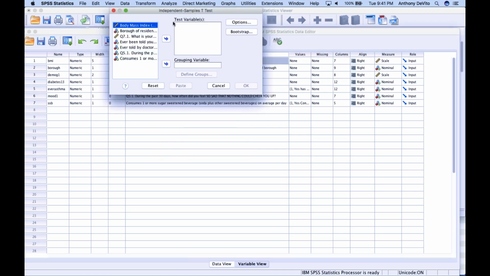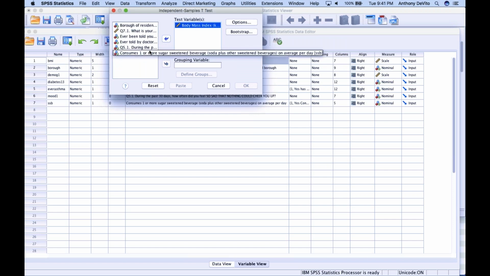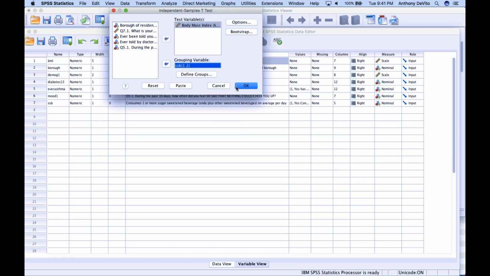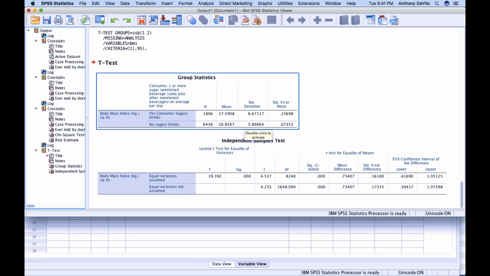Okay, and the test variable is a numerical variable, which is the body mass index, and the grouping variable is the exposure, which is consumes one or more sugary drinks, and it's going to ask me to define the groups, and what it's asking me for is the numbers that are represented. So 1 and 2 are represented. In other words, drink sugary drinks, doesn't drink sugary drinks, as we noticed before.